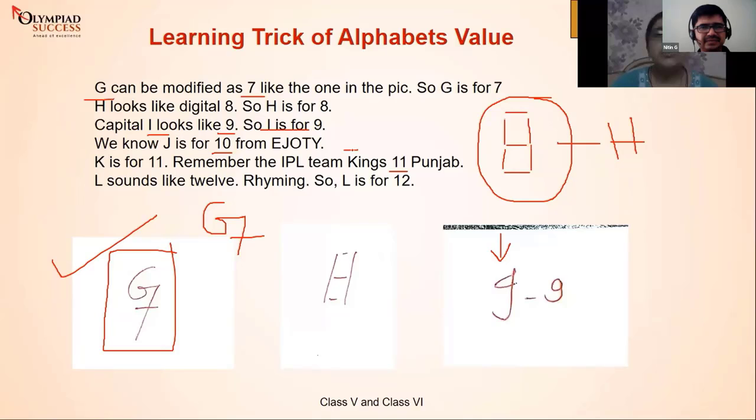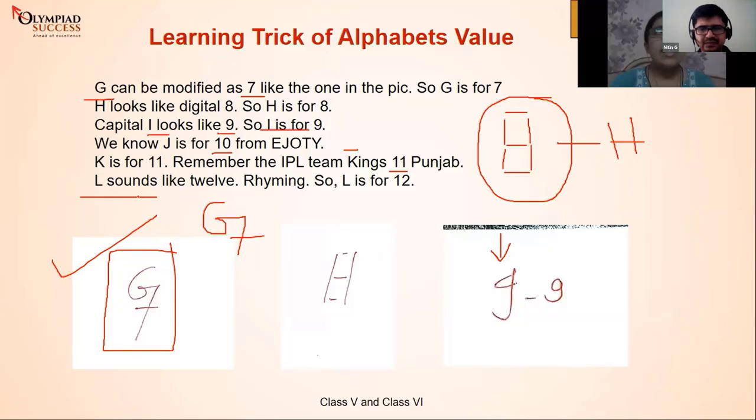But you know, many of my students have come up with many new tricks to remember the place value of K, which I'll discuss with you all in the class. So let's meet in the class and discuss more such tricks of remembering the place values of different alphabets. Moving next, we have L. If you try to pronounce L, something like 12 is also rhyming with it, isn't it?